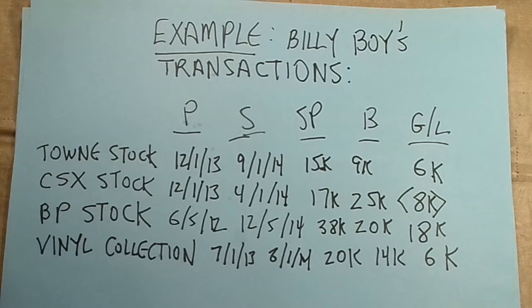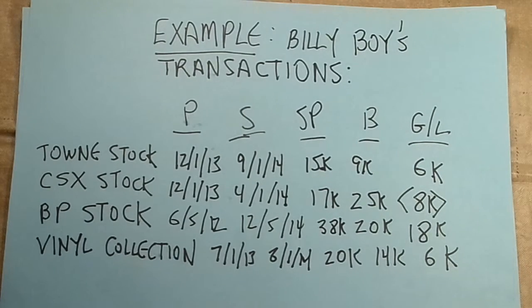So here we're looking at several transactions that Billy Boy did with capital assets over the year. We can assume that all of these are 1221 assets. They're personal use type things. So first, Billy Boy has Town Bank stock that he purchased on December 1st, 2013 and sold 9 months later, on September 1st, 2014.